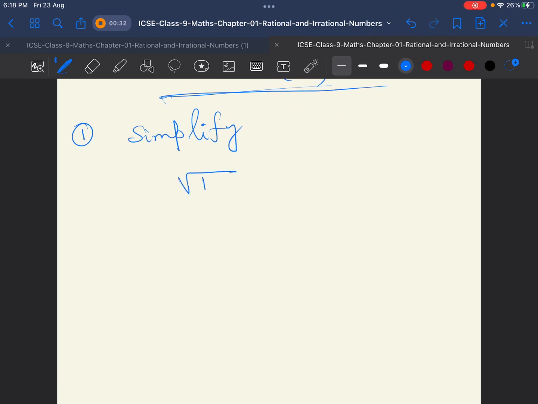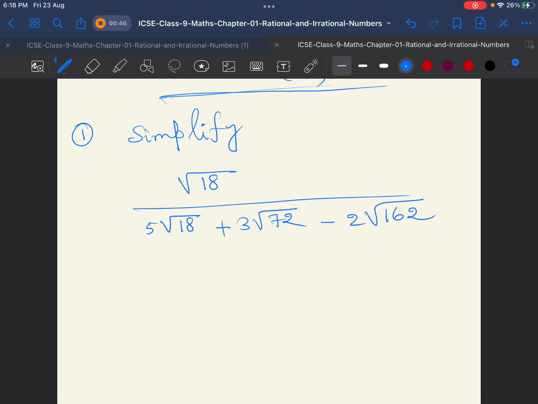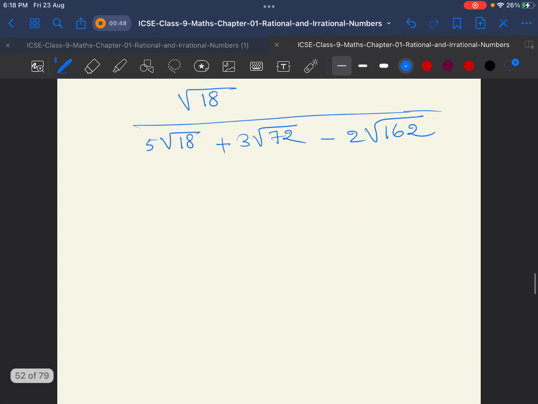Okay, so question is root 18 by 5 root 18 plus 3 root 72 minus 2 root of 162. Okay, so now we can write root 18, 2 9s are 18, 3 3s are 9.